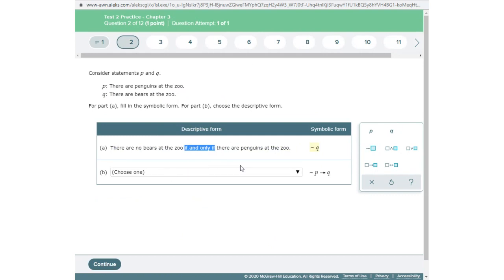What is that little symbol? Which one of these do we use? Double arrow. So there are no bears at the zoo if and only if there are penguins at the zoo, which is P.